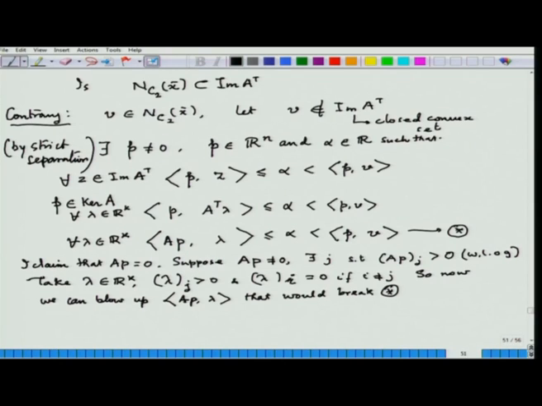So there is a contradiction, and so AP is equal to 0, and thus P is an element of kernel of A.